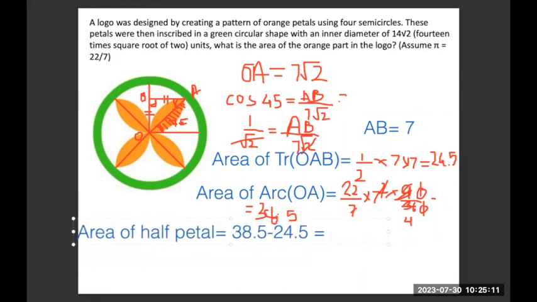Which will be equal to 38.5 minus 24.5, which will be equal to 14. So area of orange part is equal to 14. Because there are 8 parts, 8 of half petals, there will be 14 into 8, which is 112.